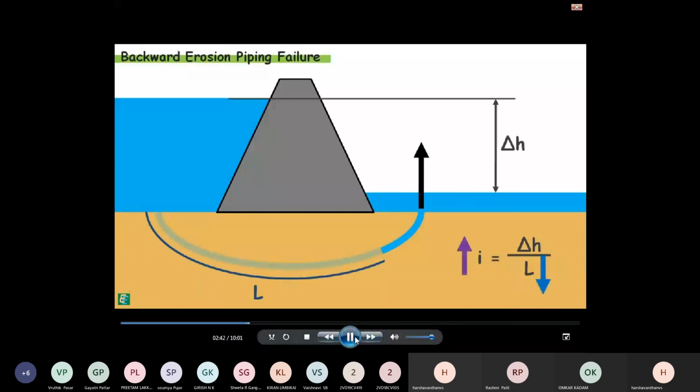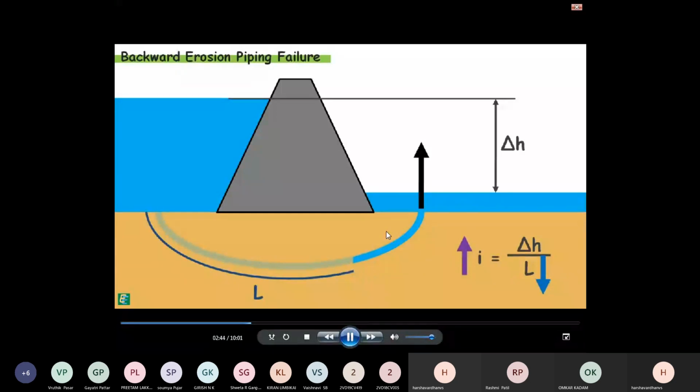As the piping is formed, the length is going to reduce, and because the length is going to reduce, the hydraulic gradient is going to increase. As the hydraulic gradient increases, the pressure is going to increase, leading to more piping.